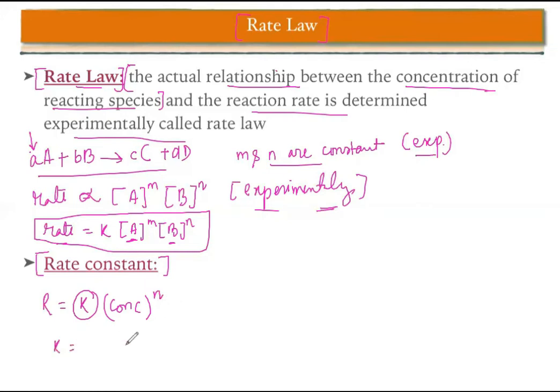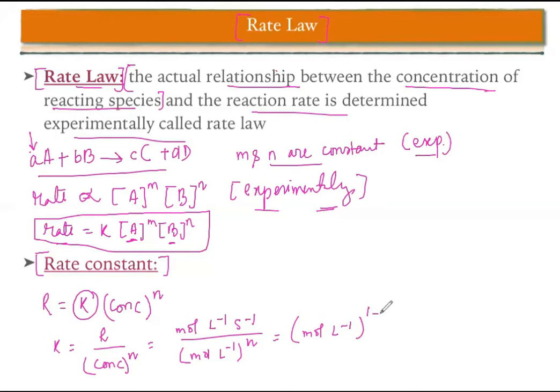K is equal to R, which stands for rate, divided by concentration to the power n. We know that the unit of rate is mole per liter per second, divided by the unit of concentration, mole per liter, to the power n. If we solve this, we get mole per liter to the power 1 minus n per second.